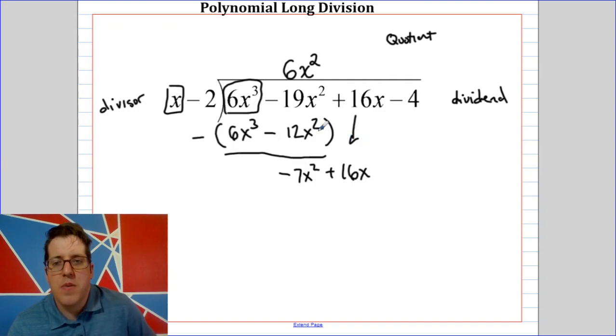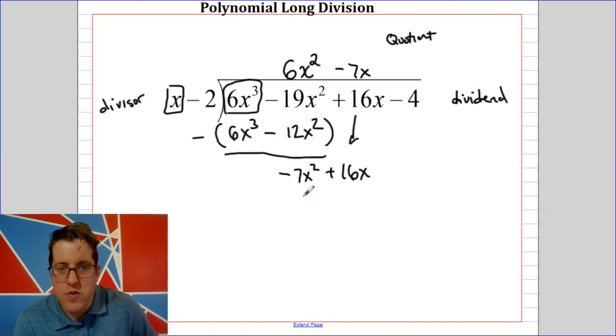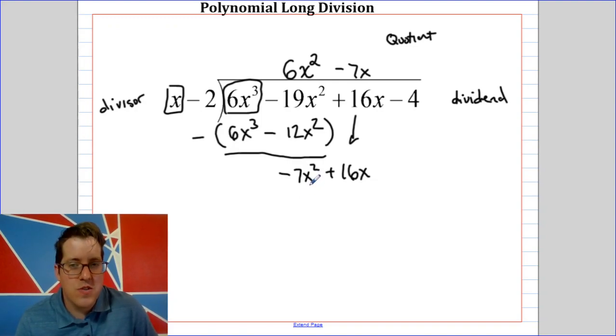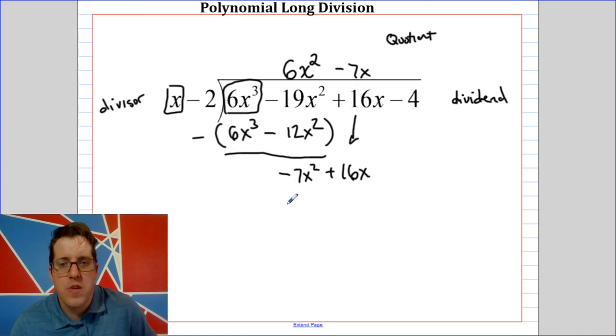Okay, now I'm going to say to myself, how do I multiply x to get negative 7x squared? Well, I would need to multiply by negative 7x. So you're saying, how many times does x go into negative 7x squared? But the answer is not just a number, it's a number and a variable. What do I multiply x by to get negative 7x squared? Negative 7x.